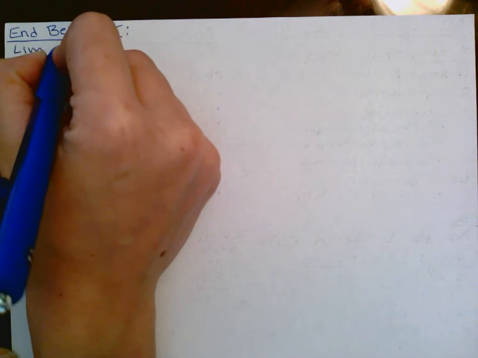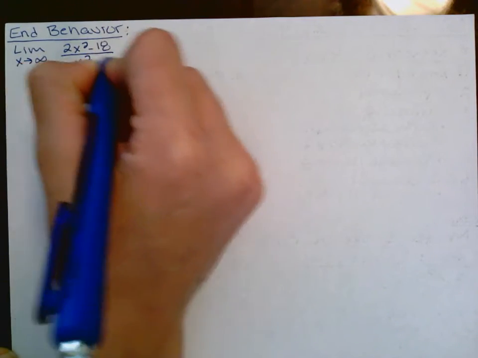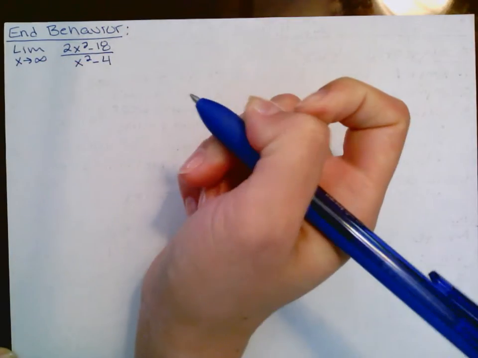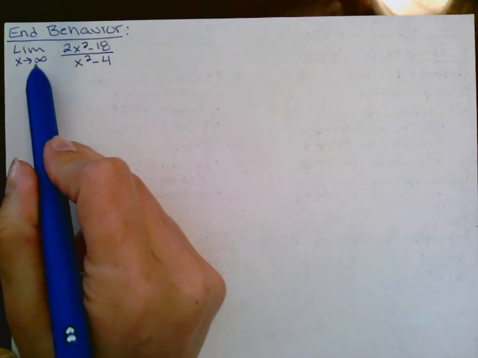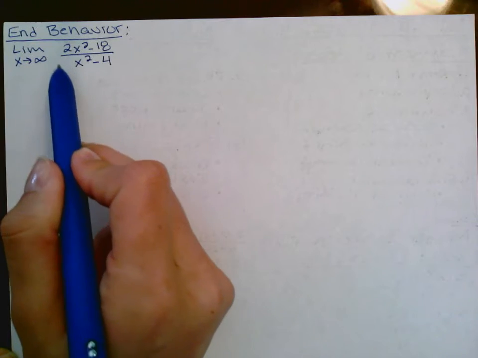And I'm going to do that for the function. My function is 2x squared minus 18 over x squared minus 4, okay? So again, remember with infinities, I can use a horizontal asymptote rule, and I can see already that my answer is going to be 2.